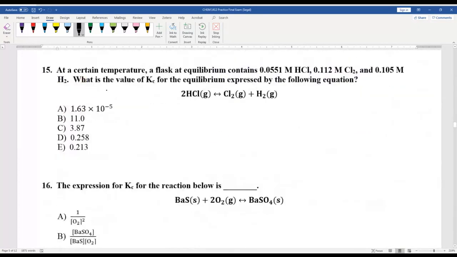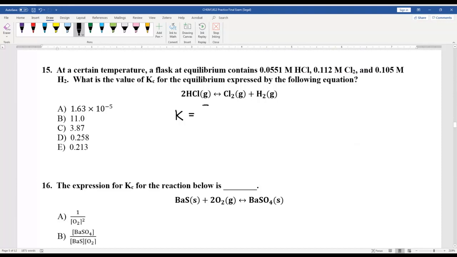So, number 15 says at a certain temperature, a flask at equilibrium contains those concentrations. What is the value of Kc for the following equation? So this fortunately is a pretty easy one. This is just asking you to basically write an equilibrium expression and plug in the values to solve for Kc.